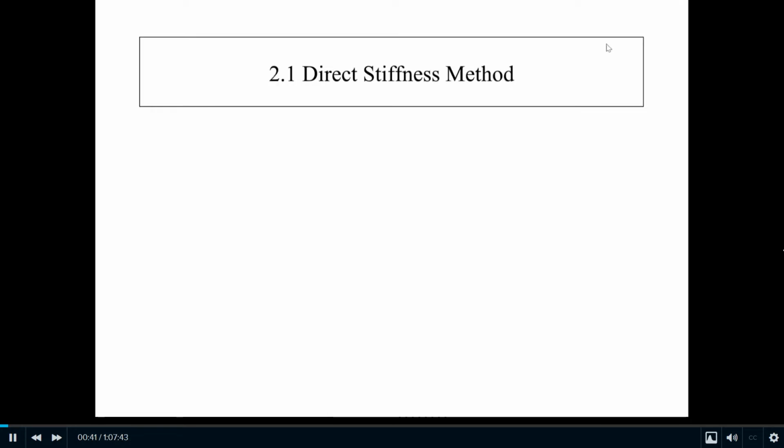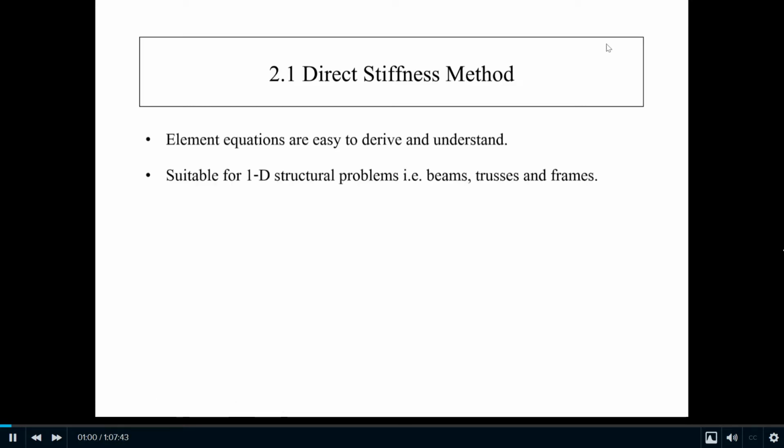So I think for this course, it would be a good start for us to learn this first because the element equations derived from this method are easy to understand. For structural problems, in particular one-dimensional problems like beams, trusses, and frames, it's very suitable to adopt this because, as I told you, element equations are easy to derive.